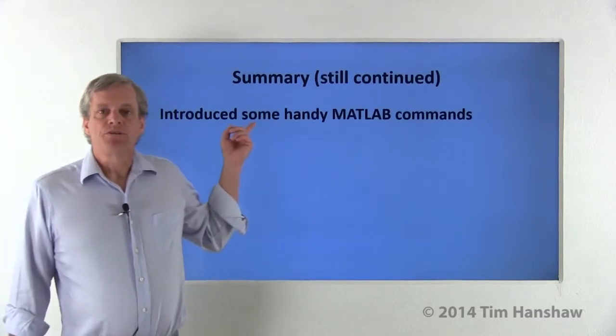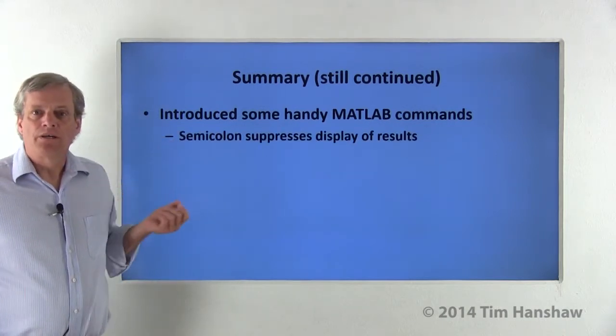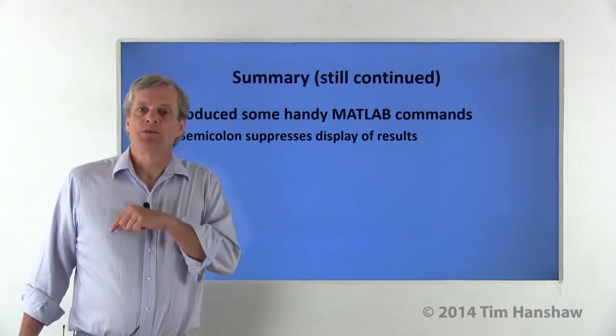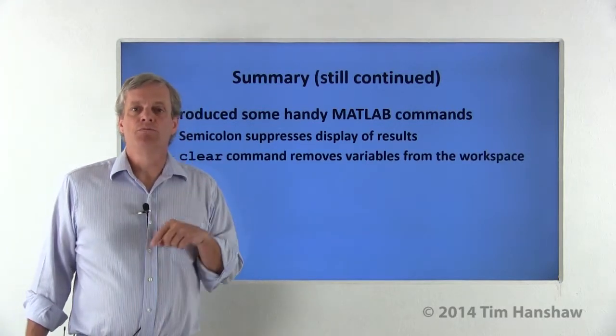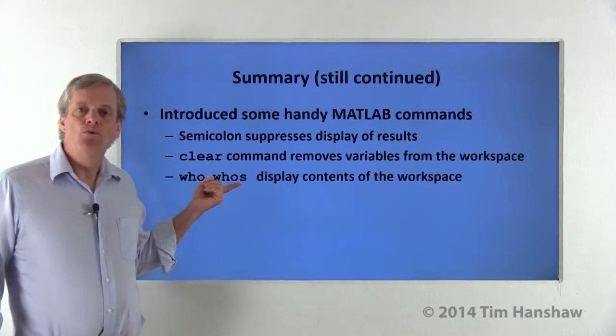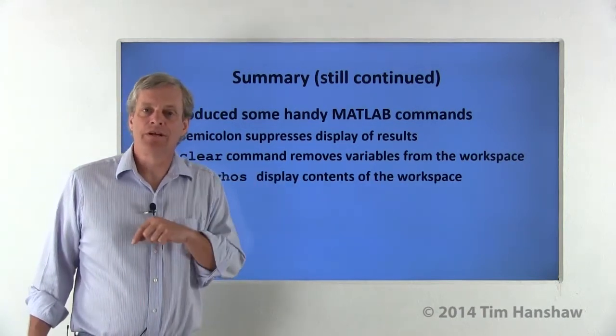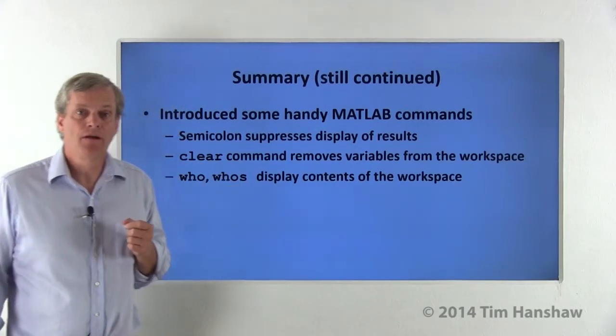We also introduced some handy MATLAB tips. A semicolon following a command suppresses displaying the results of that command. The clear command can be used to remove variables from your workspace. Who and whos show the variables that are in the workspace, and with whos some of the properties of those variables.